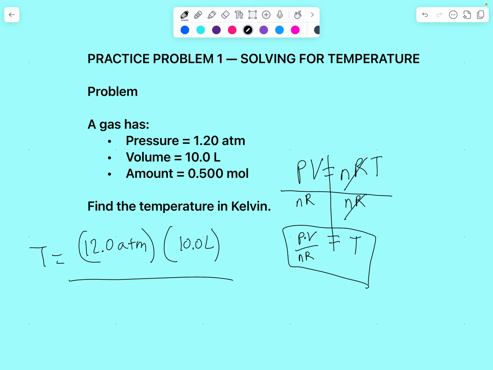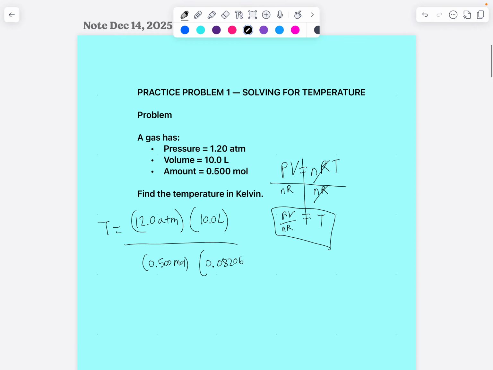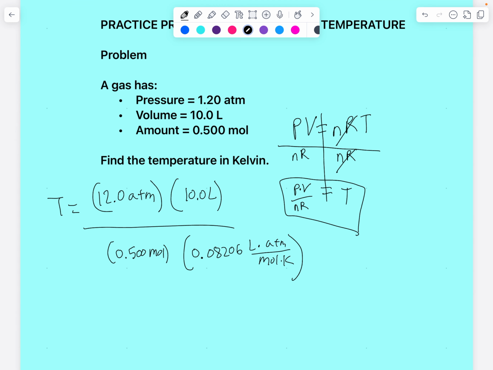And then nR would be 0.500 moles times 0.08206. Now you may be asking, well, what's the unit for 0.08206? Remember, it's liters times ATM over moles times Kelvin. So this is what I have.